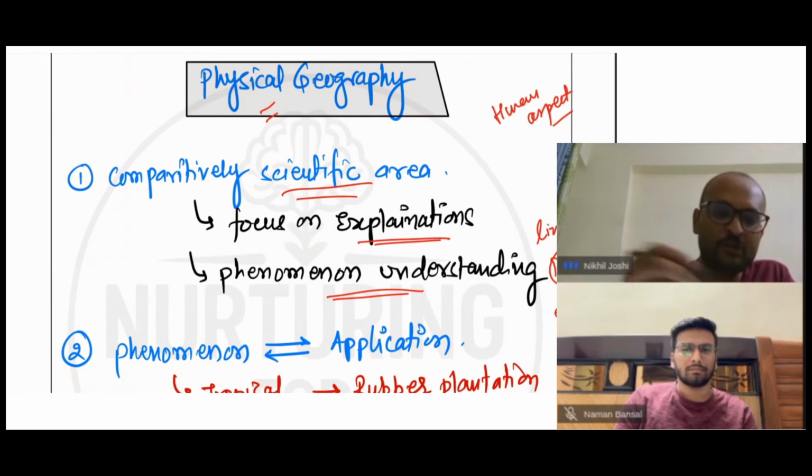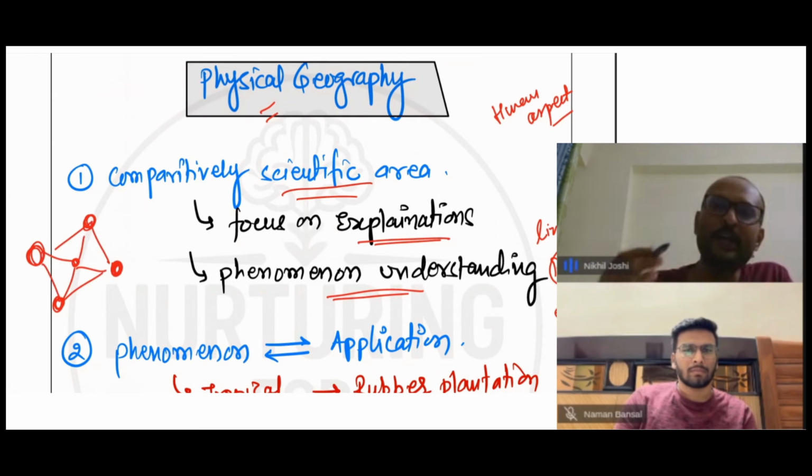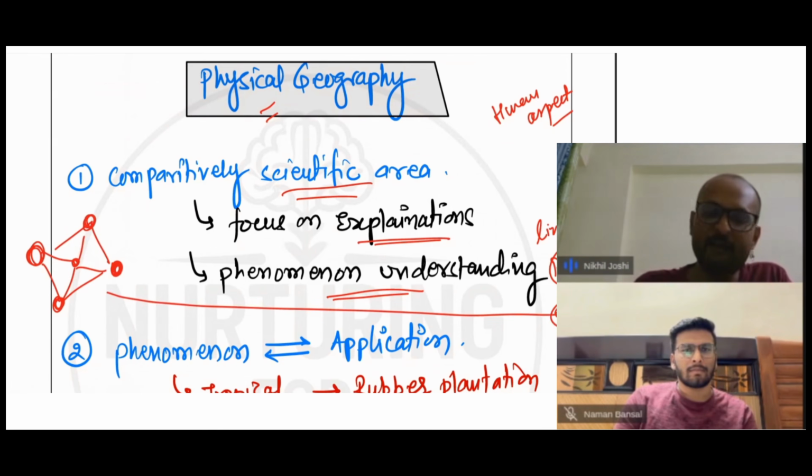To start with, the entire geography revolves around the fact that there is a lithosphere, a hydrosphere, an oceanosphere, a biosphere, and then an anthroposphere. We call this the pyramid of geography. For any phenomenon, you need to interlink these elements.